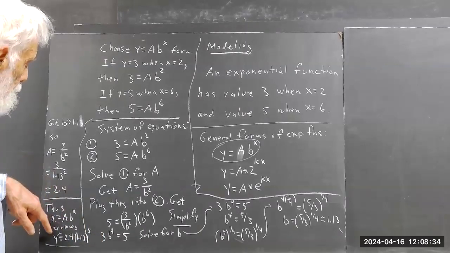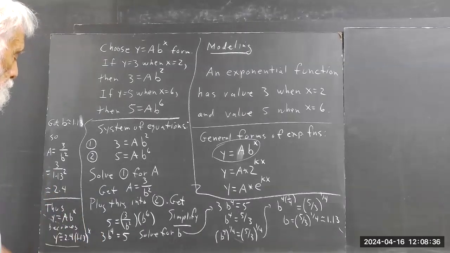So y equals ab to the x becomes y is about 2.4 times 1.13 to the x.